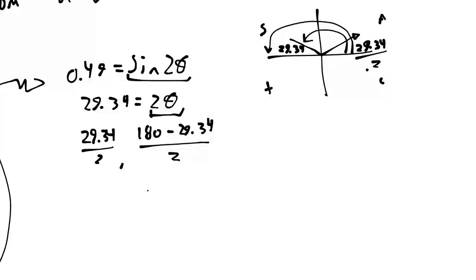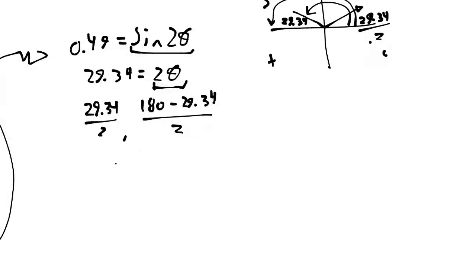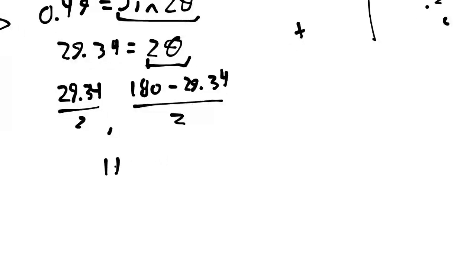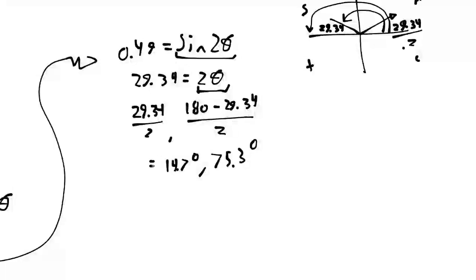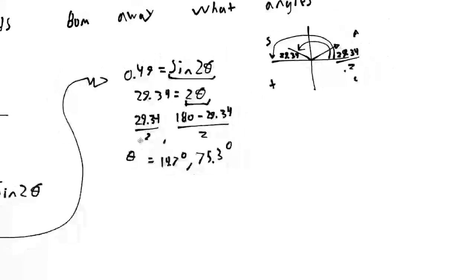After you do both of these, the numbers you should get are about 14.7 degrees and then 75.3. Those are the two you should get. So theta has two options, and those are the two numbers you get.